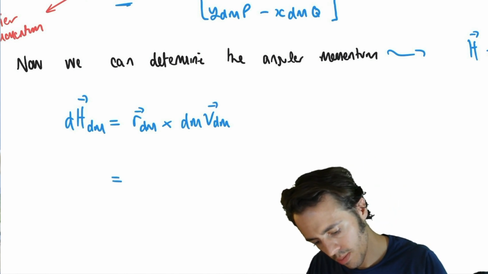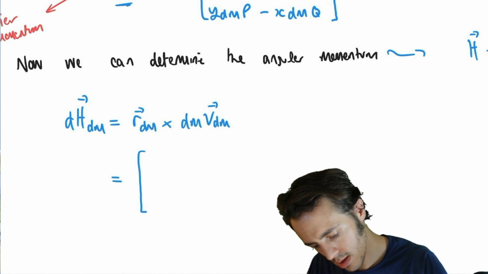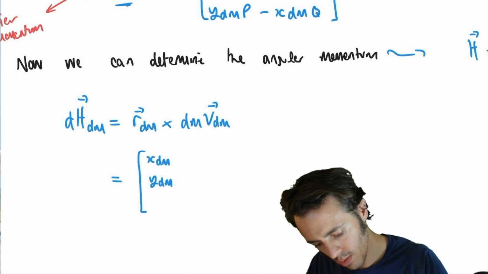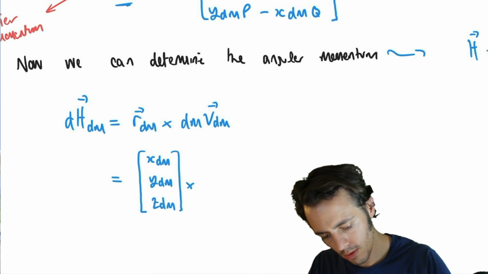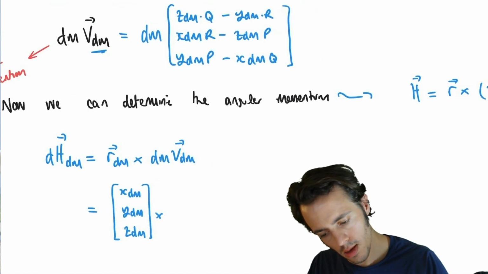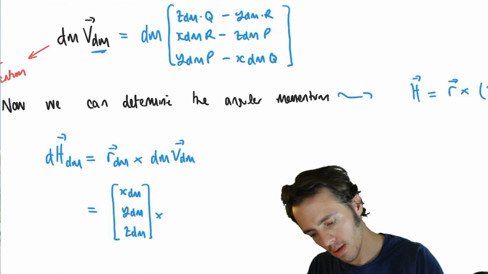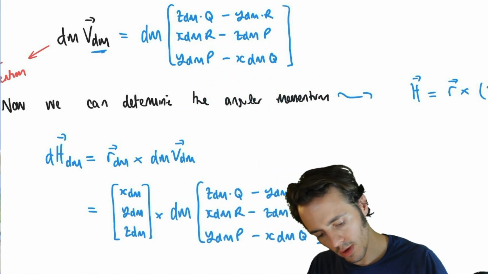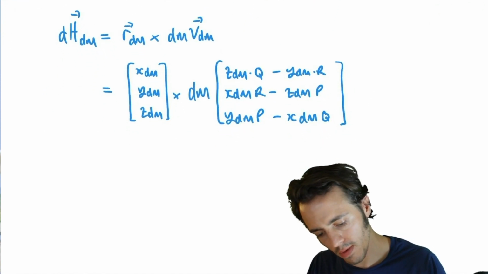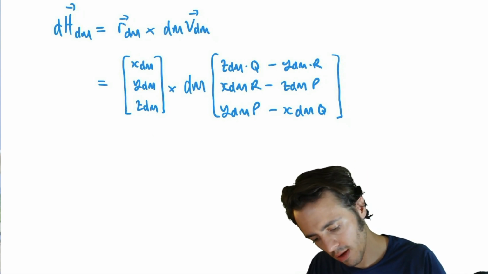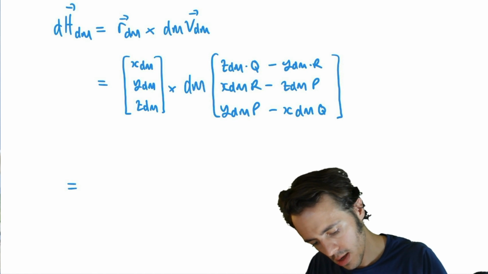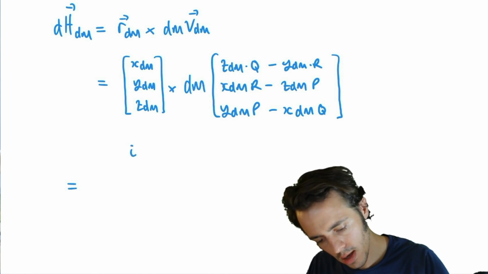So that is our position vector, x dm, y dm, z dm, crossed with this. It's going to be a nasty cross product to do, not that it's particularly taxing, just because there's a lot of subscripts and my handwriting's sloppy, so let's try and be careful here. So we've got our i, our j and our k components.